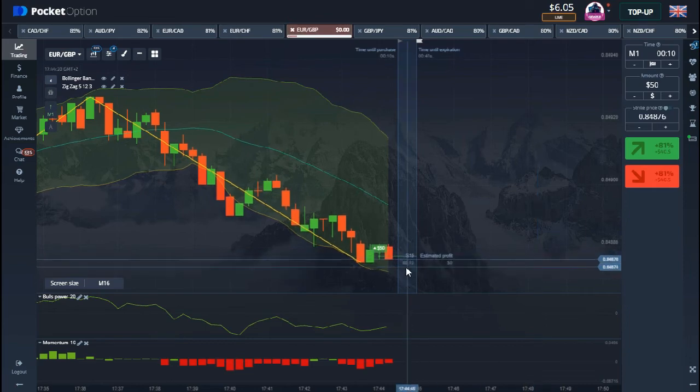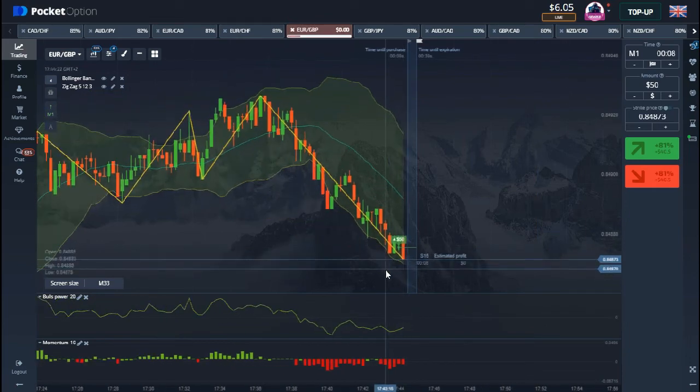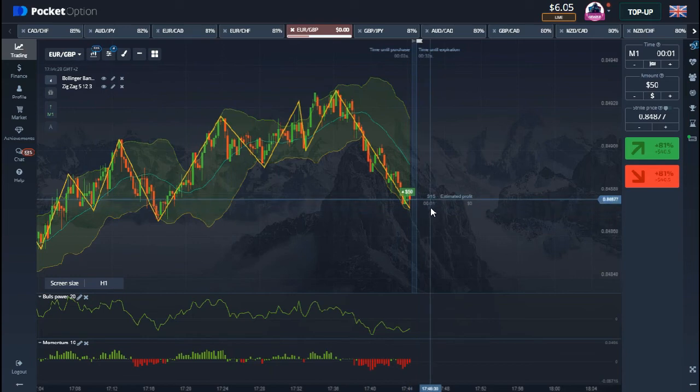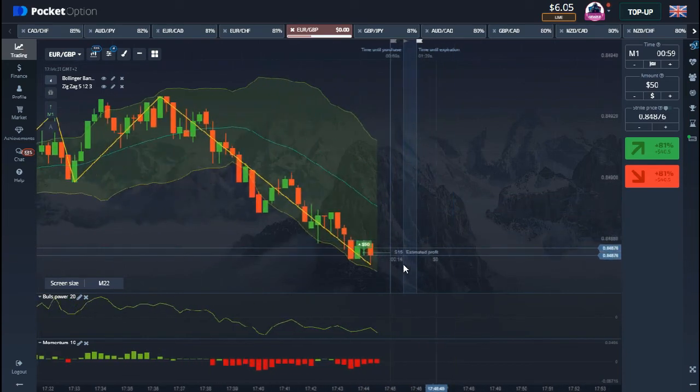I took the trade here above because there is a support line here, so it takes the support and goes up. So that's why I took the trade here above. Let's see.